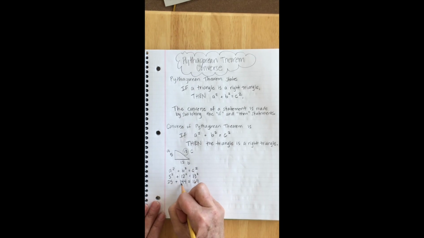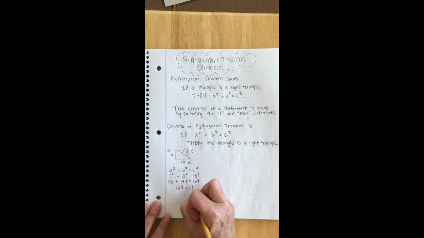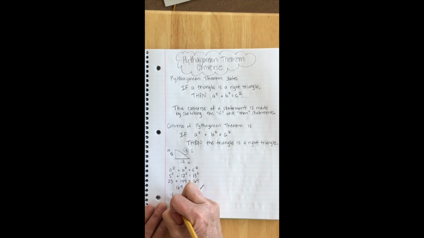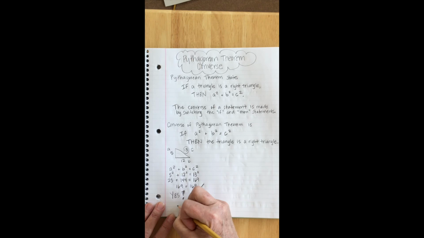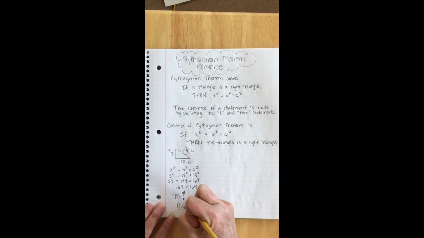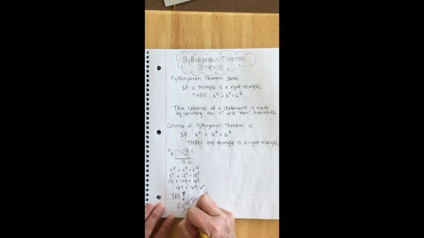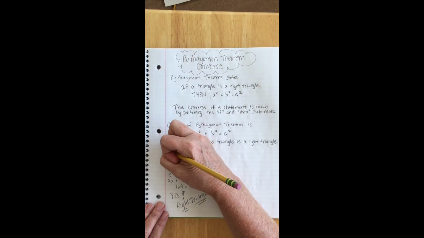Now 25 plus 144 is 169. And I notice it's the same thing as c squared, 169. Both sides are equal to each other. So yes, this is a right triangle. So let's go ahead, let's make that our example number 1.